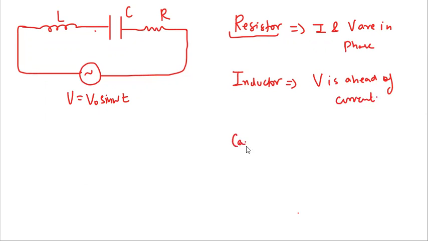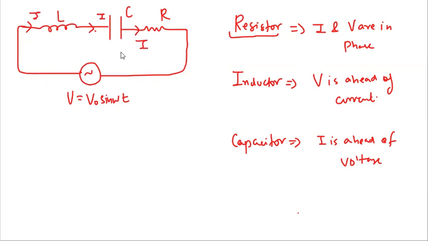And for a capacitor, current is ahead of voltage. So please remember this: for a resistor there is no phase difference between current and voltage, for an inductor voltage is ahead of current, and for a capacitor current is ahead of voltage. Since all three are in series, current will be the same in all.